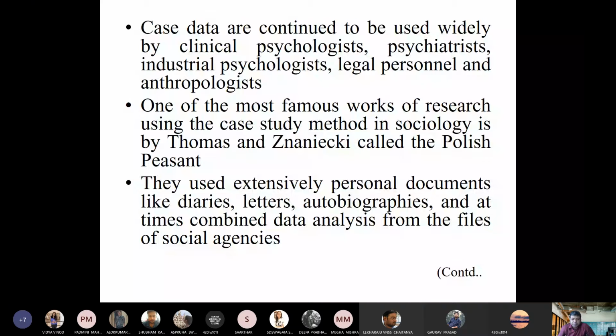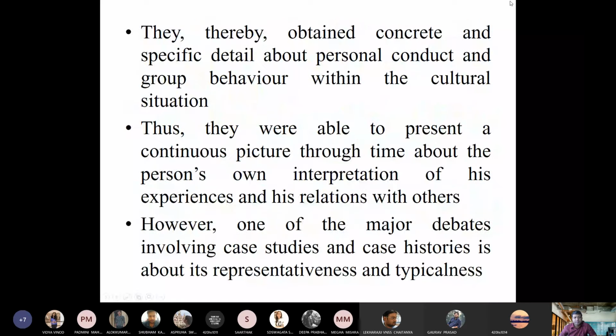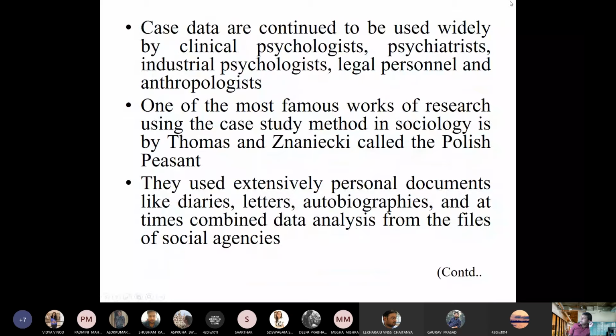Then they used extensively personal documents like diaries, letters, autobiographies, and at times combined data analysis from the files of sociological analysis. What I am telling here is that in the case study method, generally people search for some of the personal documents. They ask, sir, can I go through your personal documents? Because if somebody is writing a case study on a particular individual, then they use their autobiographies if you have, and letters if they have.